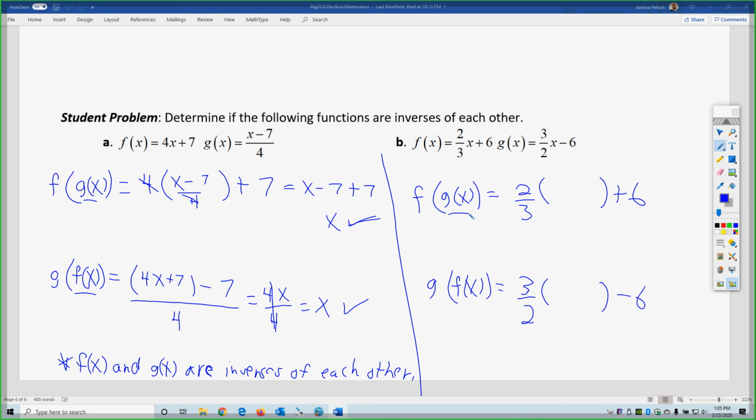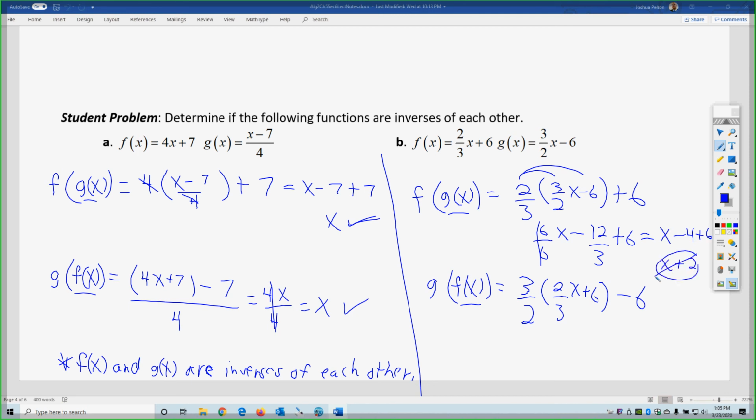But when I plug in g, that's 3/2 x minus 6, and I plug in f, that's 2/3 x plus 6. So we'll distribute. So we get (6 over 6)x minus 12/3 plus 6. That's going to be x minus 4 plus 6. Well, that's x plus 2.